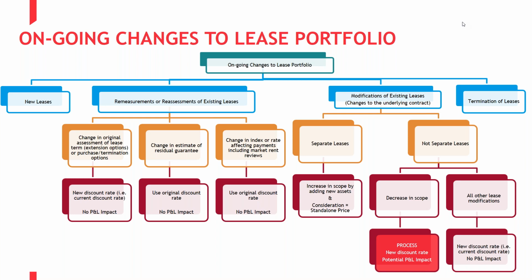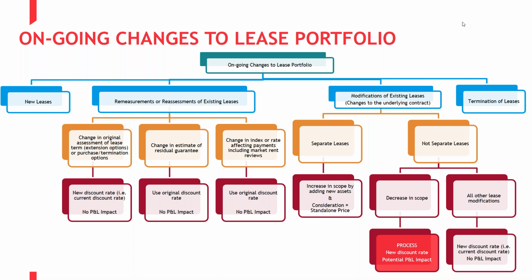You've uploaded your lease portfolio on the date of initial application, which would be the beginning of the first year that you implement the standard. And now it's not a set and forget. Every month, every day, there could be new leases. And how do we account for new leases? Then there could be remeasurements or reassessments of existing leases. And how do we deal with that?